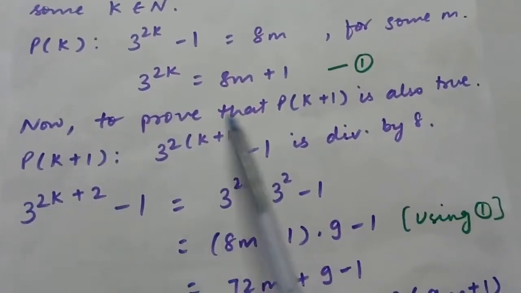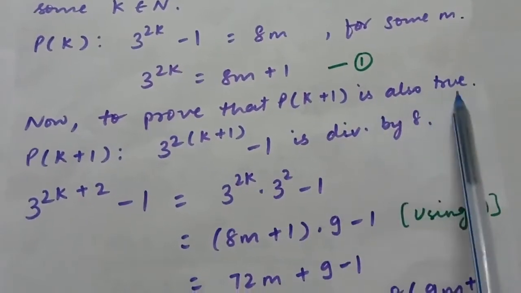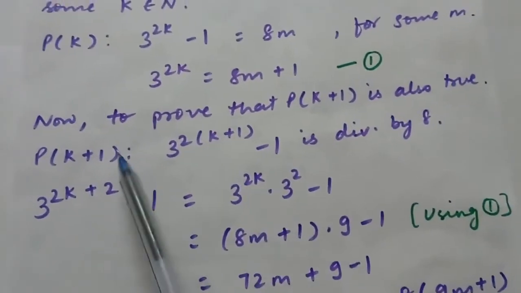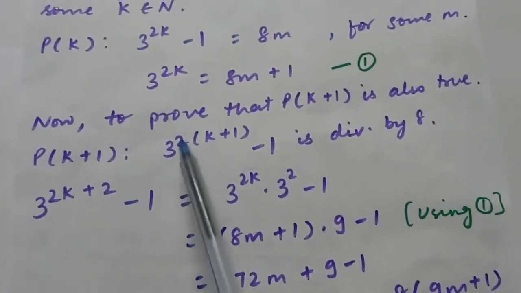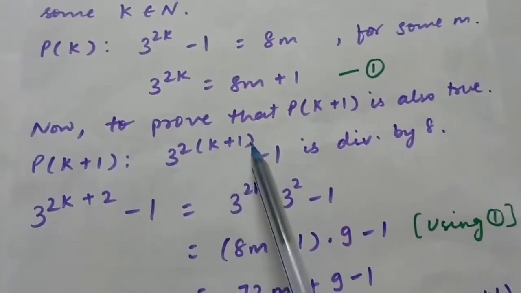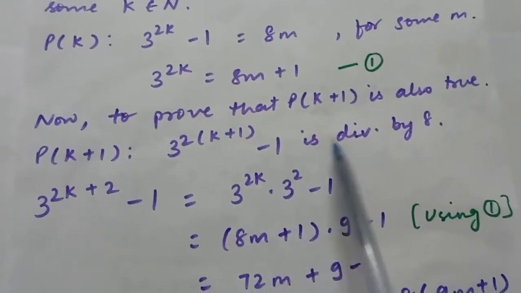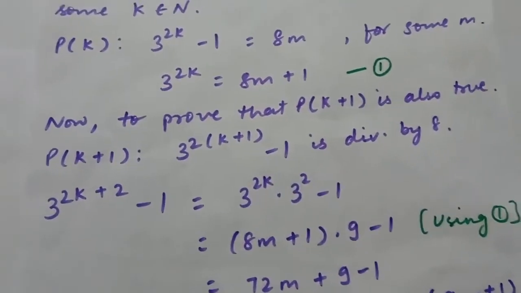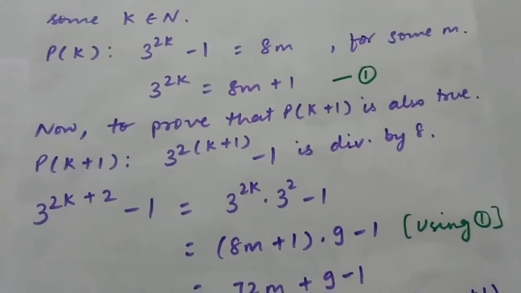Now, to prove that Pk plus 1 is also true, Pk plus 1 will be 3 raised to the power 2 into (k plus 1) minus 1 is divisible by 8. So we have to show that this is divisible by 8.